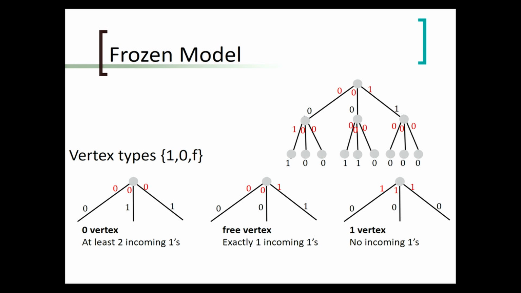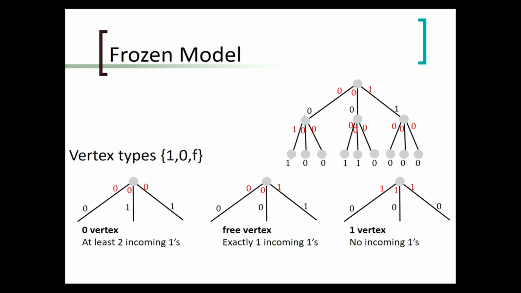And then there's an intermediate case where you have exactly 1 incoming 1, and then on the same edge there's an outgoing 1 because all of the other incoming messages were 0. These are what we call the free vertices. They come in pairs. They correspond to the edges where you have a 1 going in both directions on the edge.